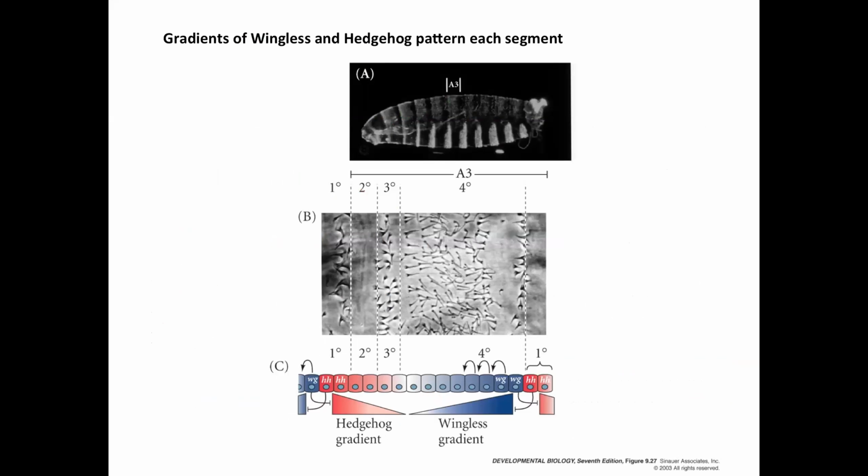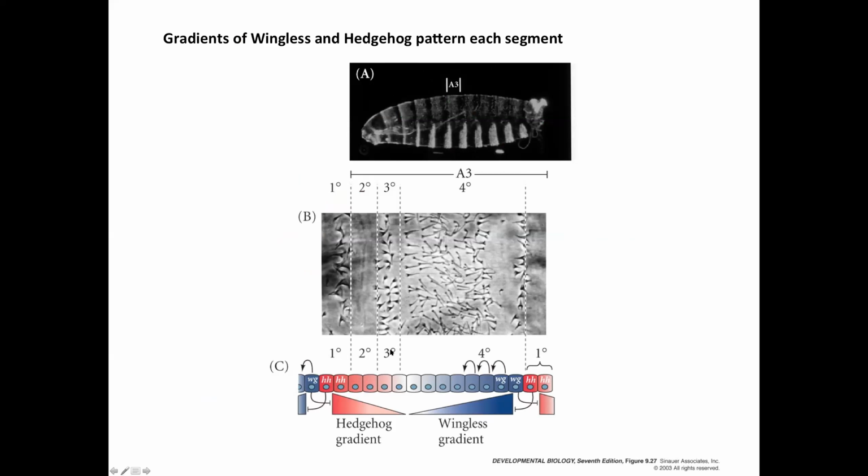What is interesting is that the readout of the hedgehog and wingless gradients will result in activation and repression of different signaling pathways and the utilization of different transcription factors.